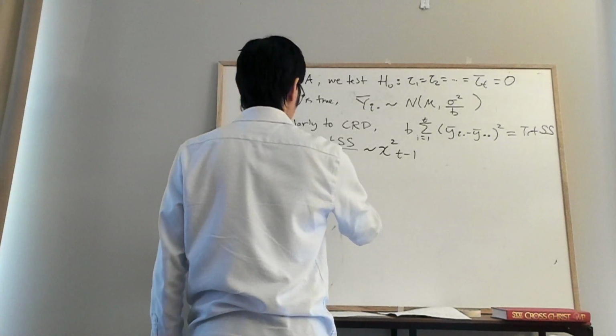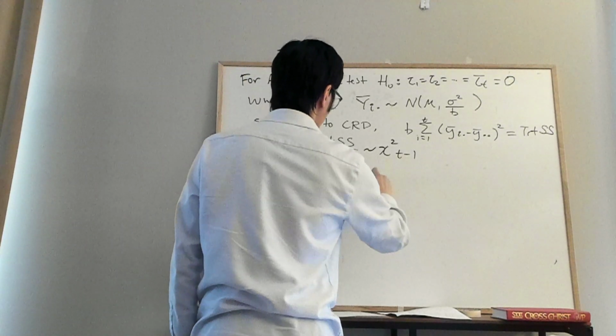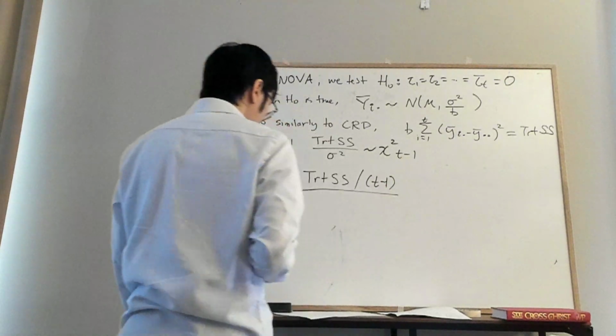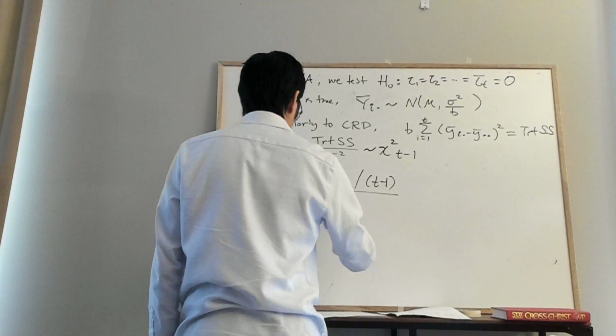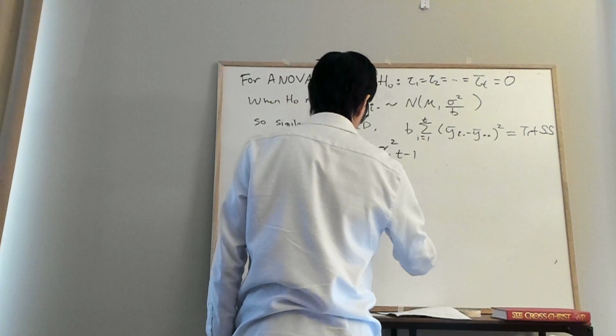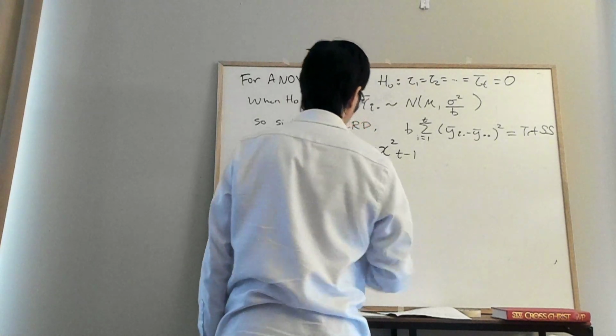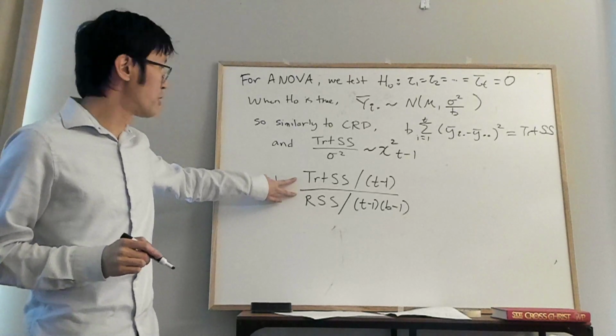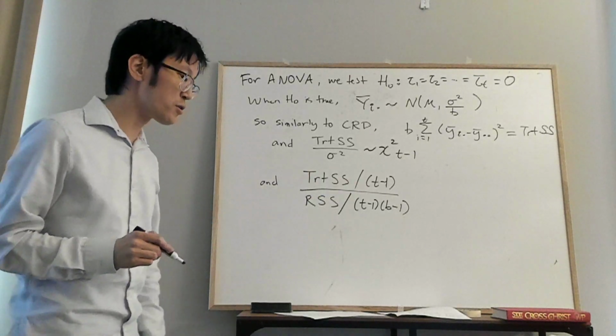Okay, so let's do it here. Treatment sum of squares divided by its degrees of freedom, that's t minus 1. And then the other chi-squared is associated with the residual sum of squares, divided by its degrees of freedom. Now we have a ratio of chi-squares, appropriately scaled by degrees of freedom.